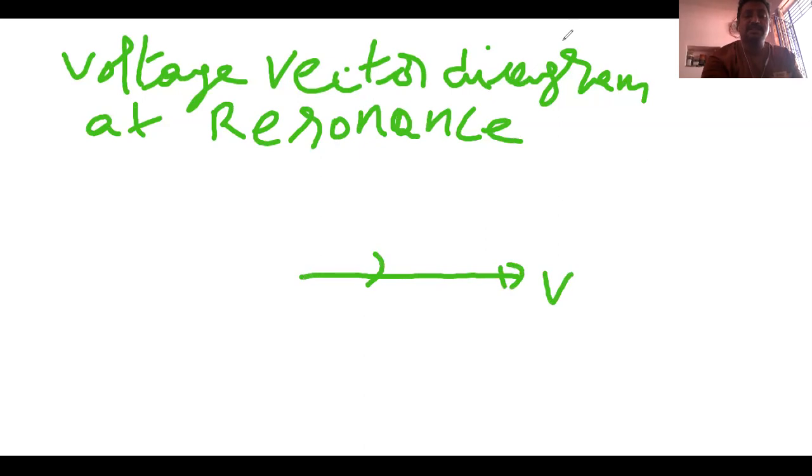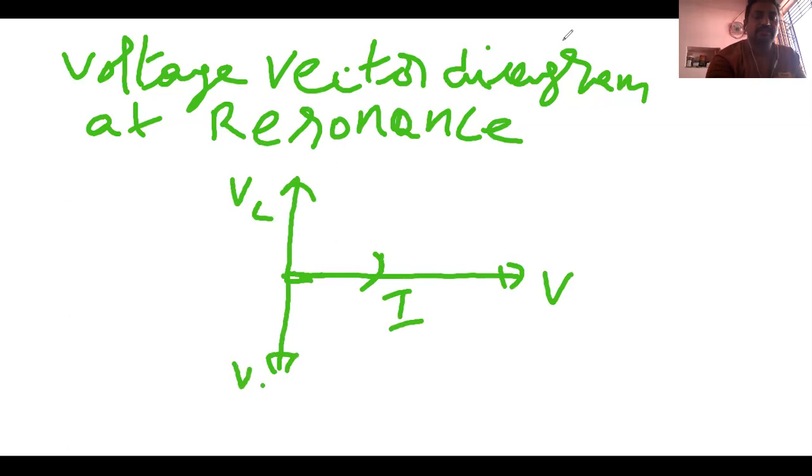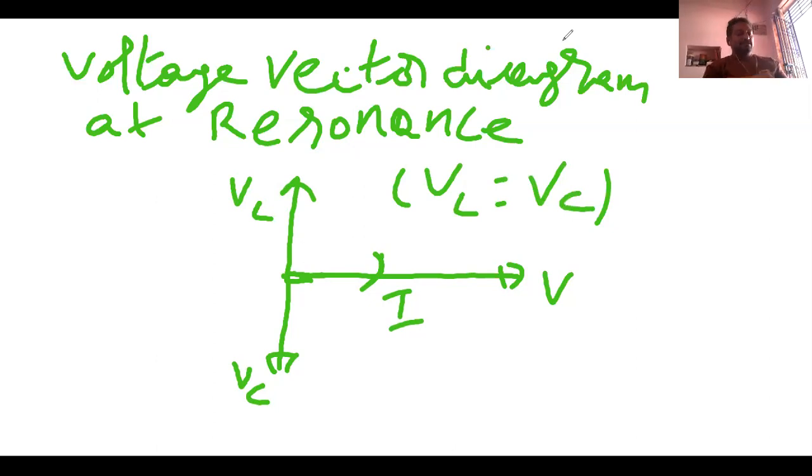The current is also on the same x-axis, because both are in the same phase due to unity power factor, though the magnitudes differ. Then what about VL? VL should be equal to VC, the same magnitude. So here VL is equal to VC, no doubt about it. So that is about the voltage vector diagram at resonance.